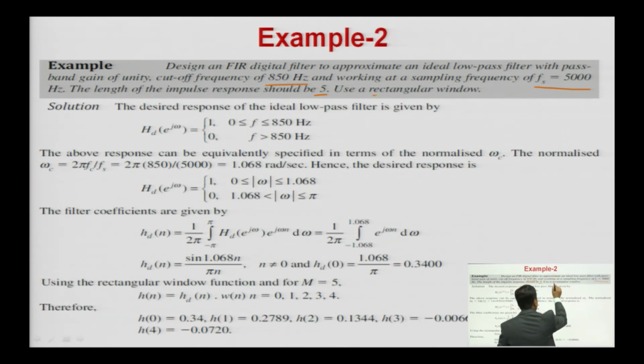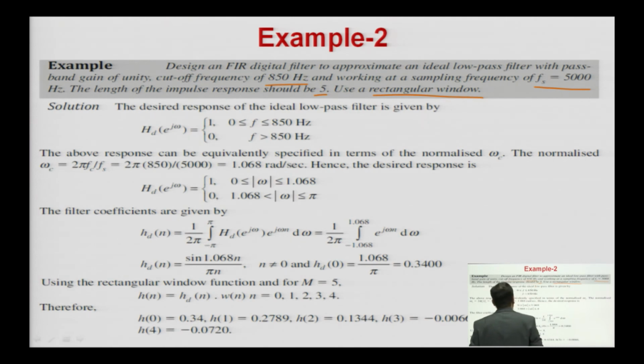This is very simple, because a rectangular window is simply a rectangular pulse whose value is unity for a particular duration. So, you do not require remembering any formula here, but in case of Hamming, Hanning and other windows, you have to remember the formula. Kaiser window is also a very frequently used example, that we will discuss further.